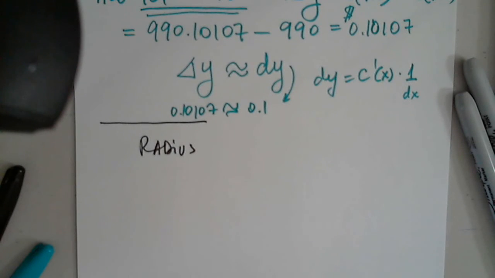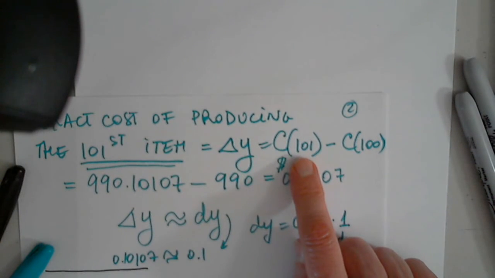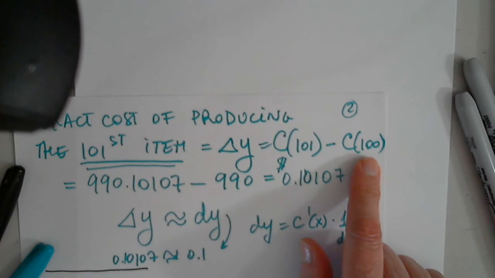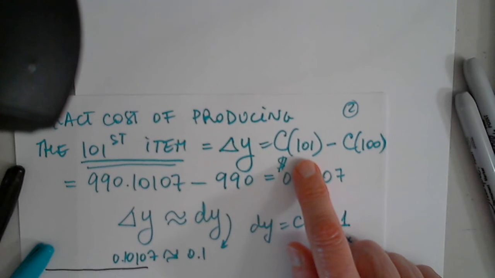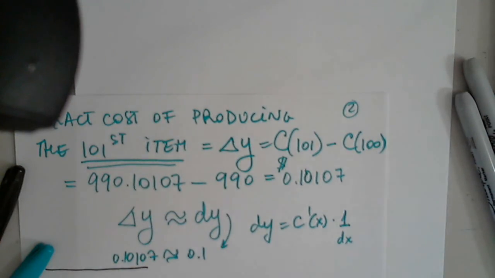I have a quick question. Please do. How did we determine what x was equal to when we said it was equal to 1? Right, so here we're talking about 100 and then 101. It's a very good question.